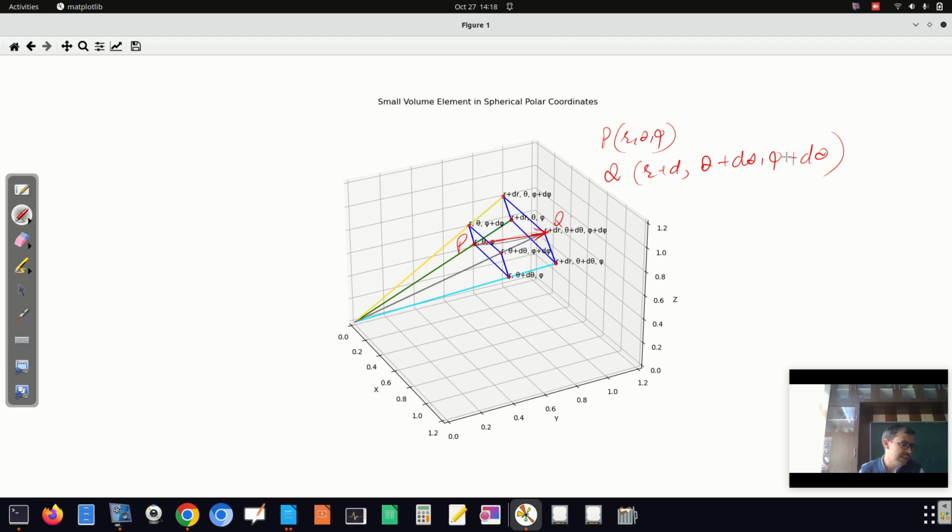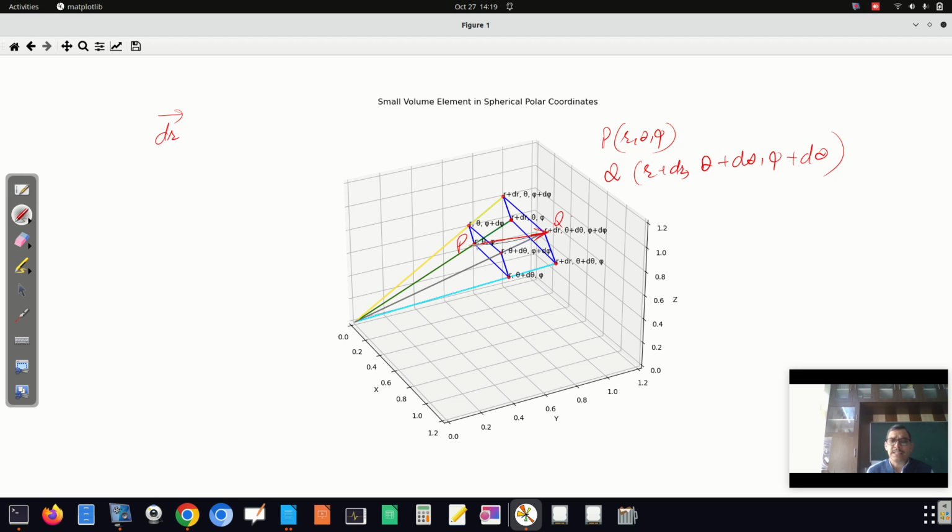So how can this line element be written? Let us try to look at that. So it is dr vector, and this consists of three mutually perpendicular vectors.